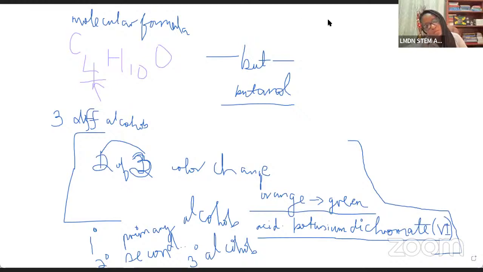So for primary alcohols, what can I erase off of this? Maybe I'll write in this corner. So primary alcohols, the OH group, because remember that for alcohols, the functional group is OH, right?